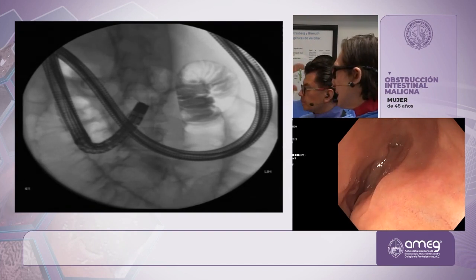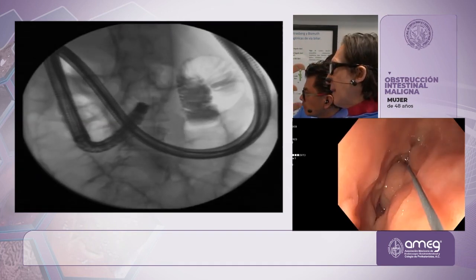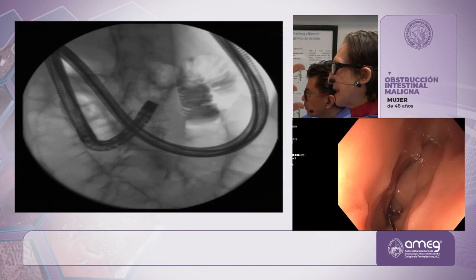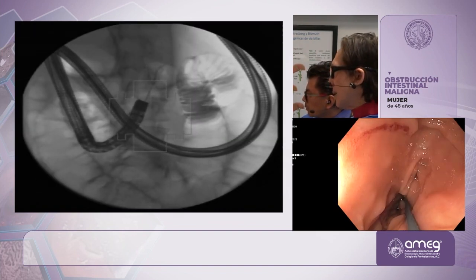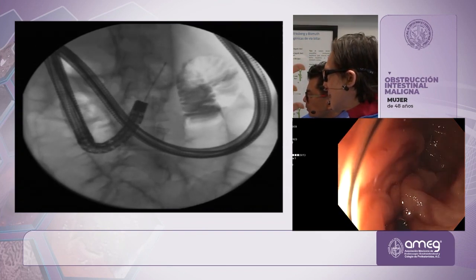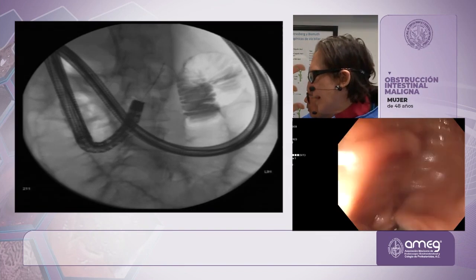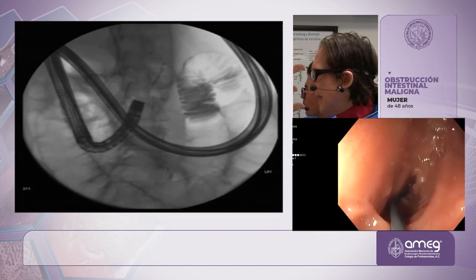Okay, so now let's pass the guide wire. And I'm going to use this endoscopic vision and fluoro. See if we can get that guide wire to go down into the ligament of Treitz. It's going sort of flipping back on itself. I'm going to try to push my scope in a little bit more.